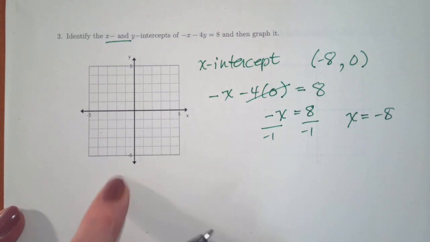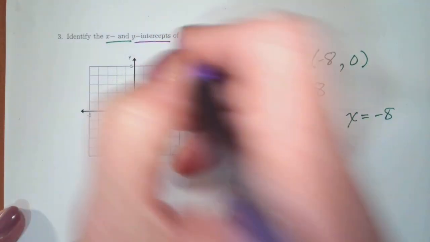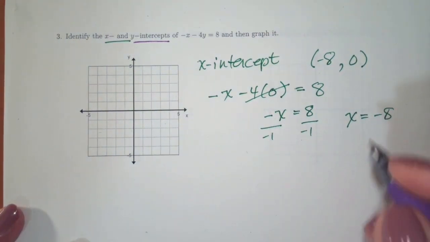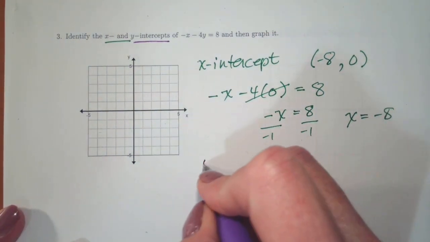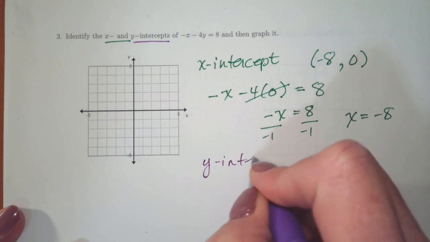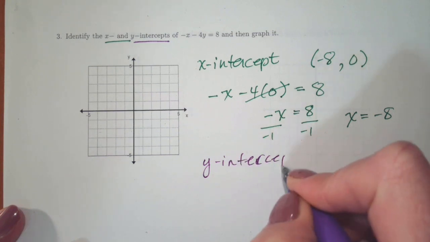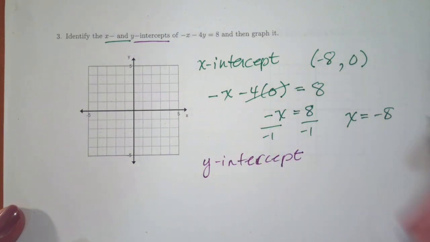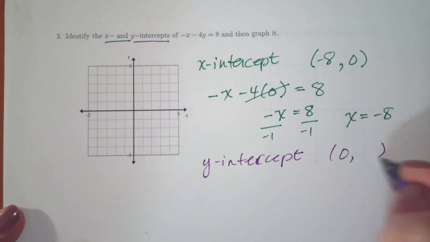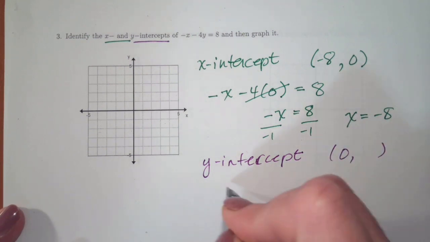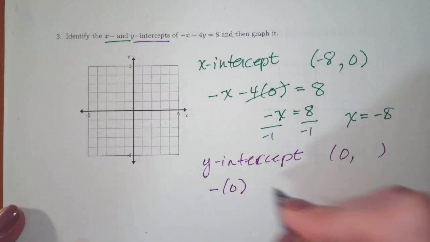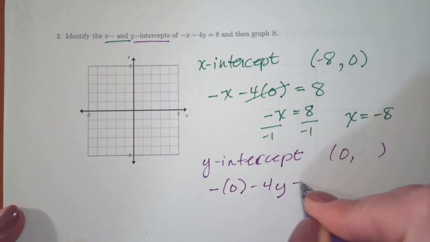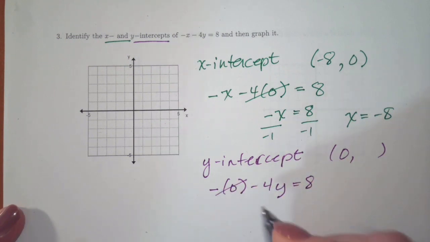Okay. Now, negative 8 is not on my grid, so I may have to come back and do something different with that. Okay, so the y-intercept is going to be 0 and some value of y. So I'm going to put in 0 for x and solve for y.